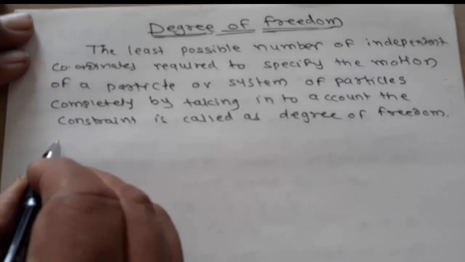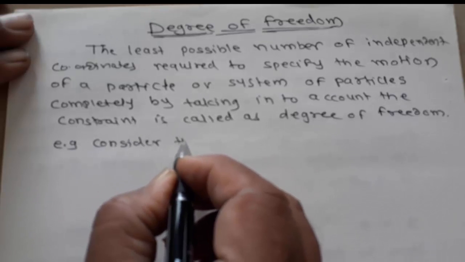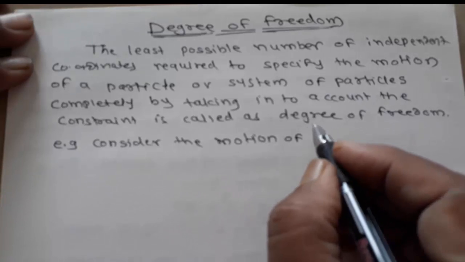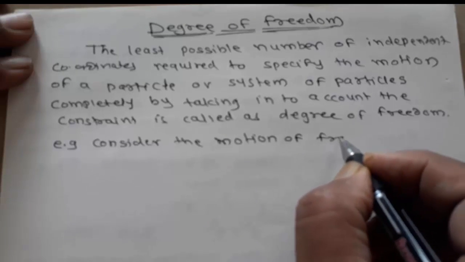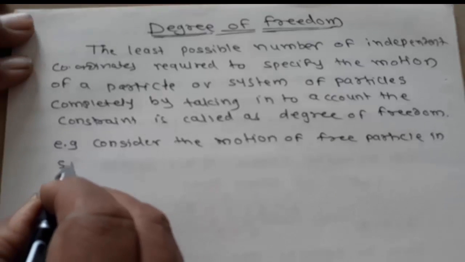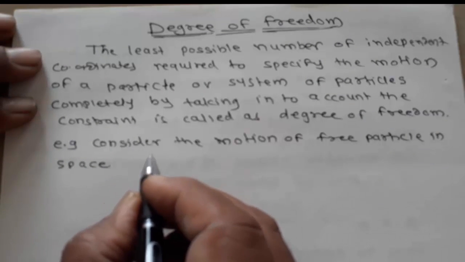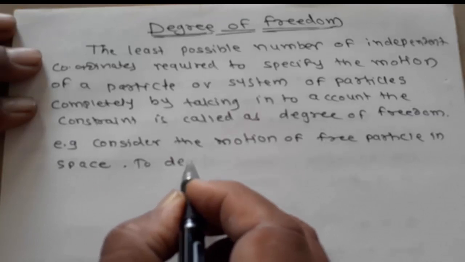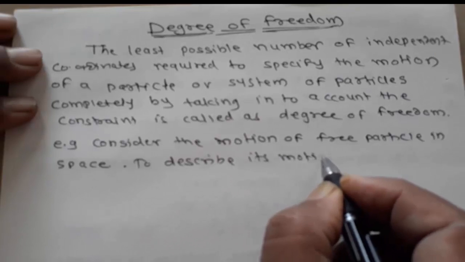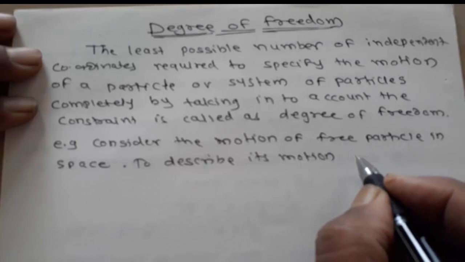For example, consider the motion of a free particle in space. To describe its motion, we need three independent coordinates.